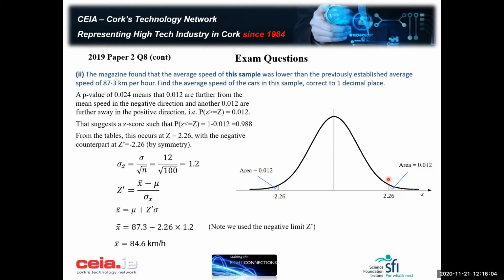And you need to find the Z value beyond which you have 0.012 probability of it happening, and the corresponding minus Z value, beyond which, in the other direction, you would have a 0.012 probability of it happening.